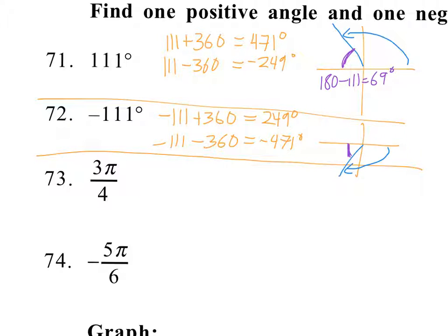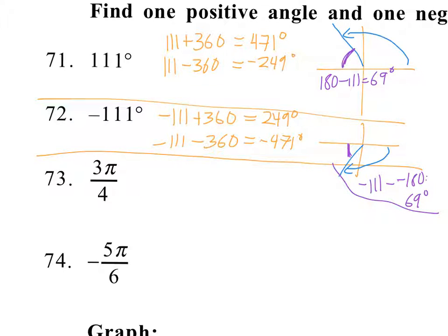So if I'm trying to get from negative 111 to negative 180, we've got to figure out how to get there. Negative 111 is the bigger number, so we do negative 111 minus negative 180. And in doing that, we get 69 degrees again. If you'd gotten negative 69 degrees because you subtracted those backwards or you figured this out another way, just know that reference angles need to be positive angles.